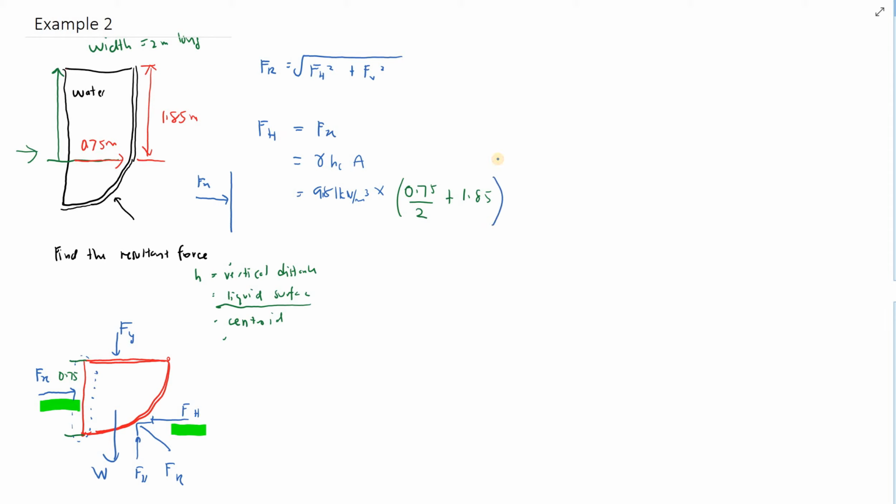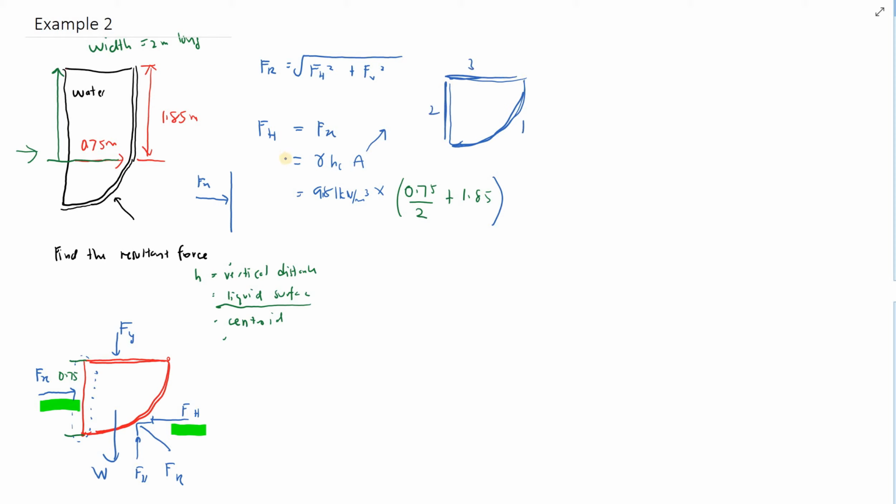Next, your A is always the surface area in contact with the water. Now, which surface are you talking about? I draw back the diagram. You have 1, 2, and 3. You have 3 surfaces.